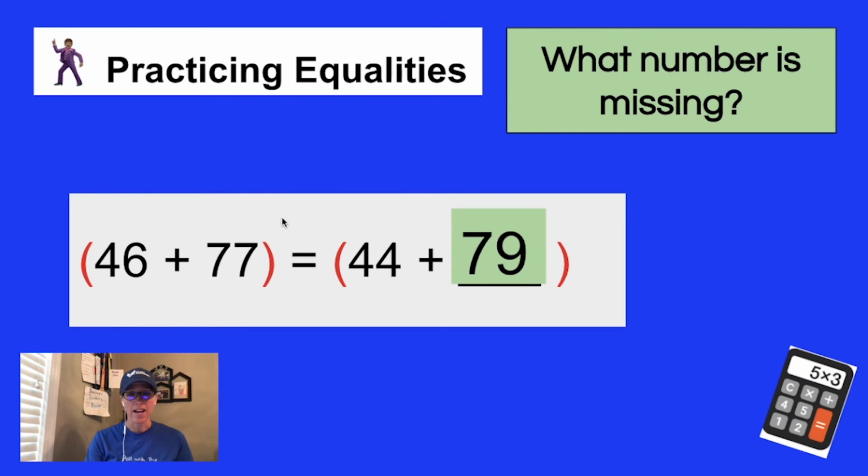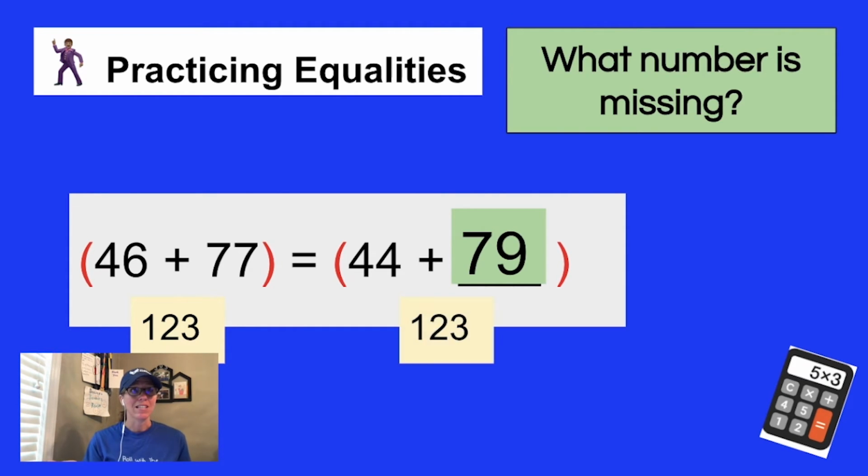I was thinking that 46 is just 2 more than 44, so there was 2 less over here, so I needed to make it 2 more than 77. If you don't believe me, you could always check your answer. 46 plus 77 is 123, and 44 plus 79 is also 123. Good work. Let's take a look at another example.